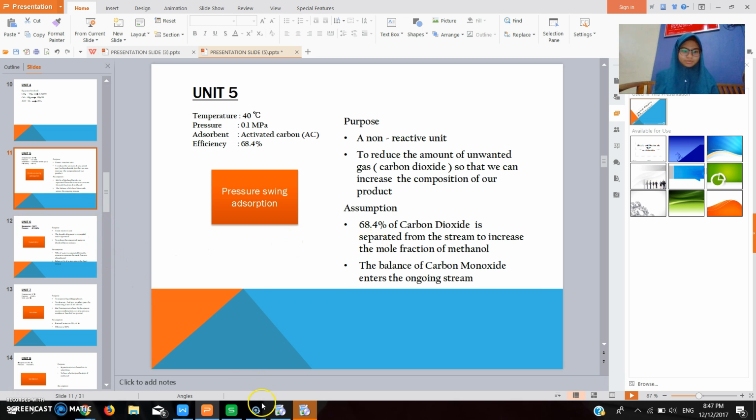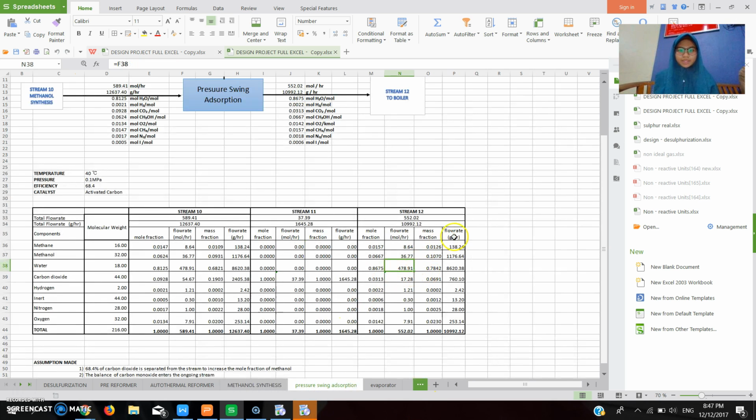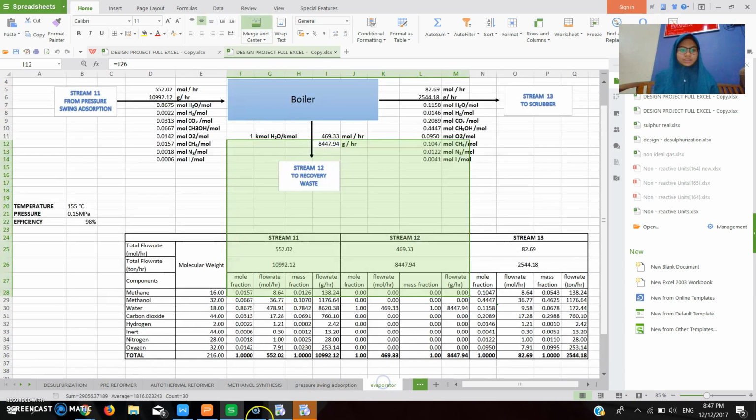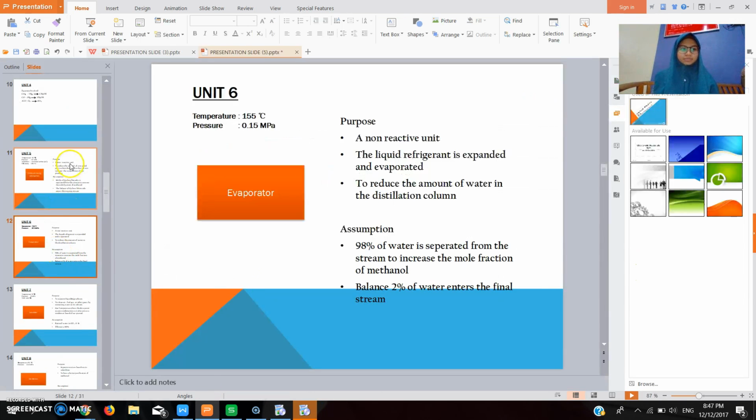Next, since in this pressure swing absorption the molar flow rate of water is too high, in order to decrease the amount of water in the stream, we are going to use the evaporator, in which the liquid refrigerant is expanded, and the function of the evaporator is to reduce the amount of water in the distillation column.